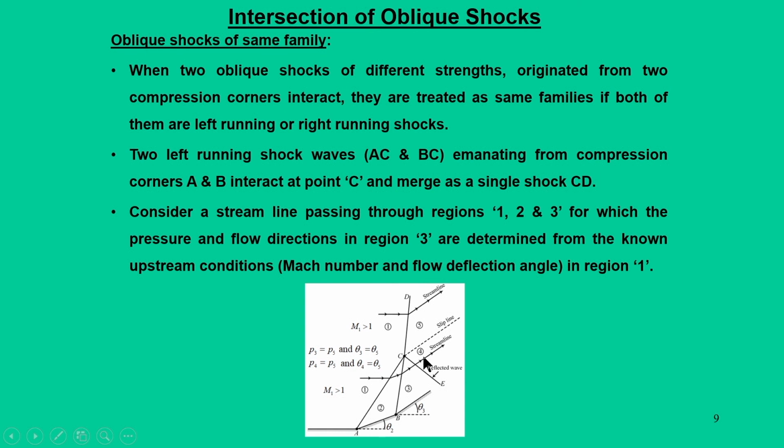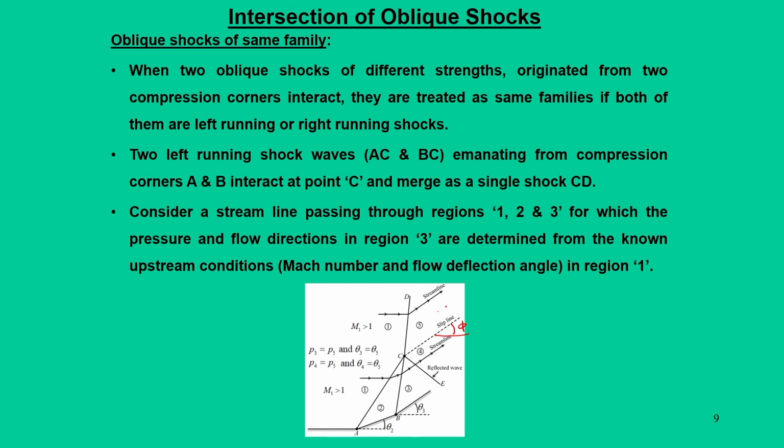Since the entropy never matches, we have what is called the slip line formation. Across this slip line, which makes an angle phi with respect to the horizontal direction, the streamlines will be parallel to it.